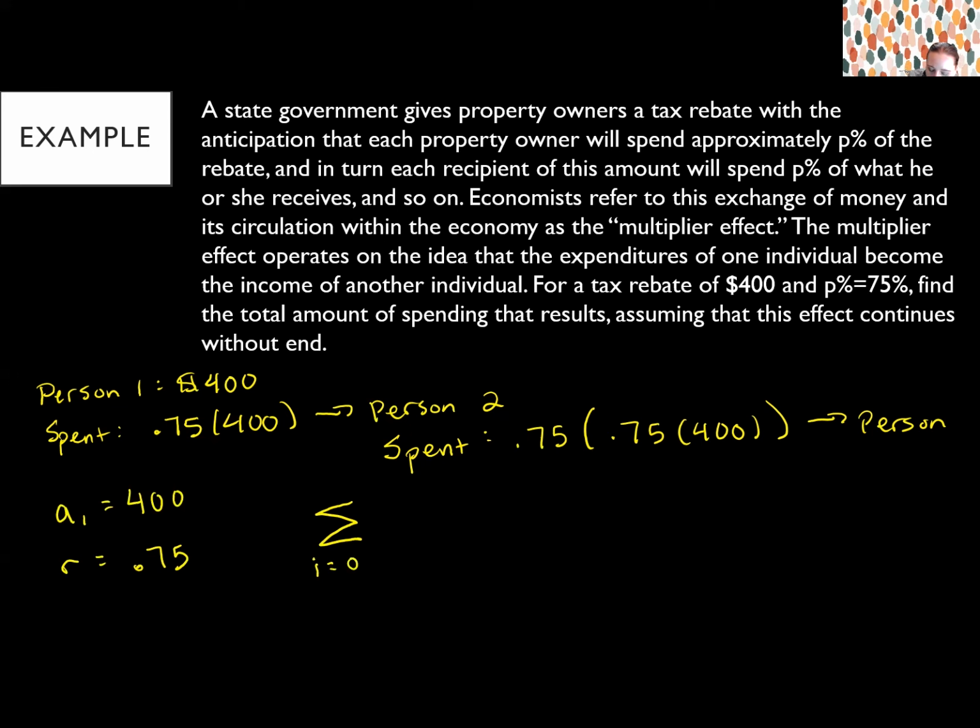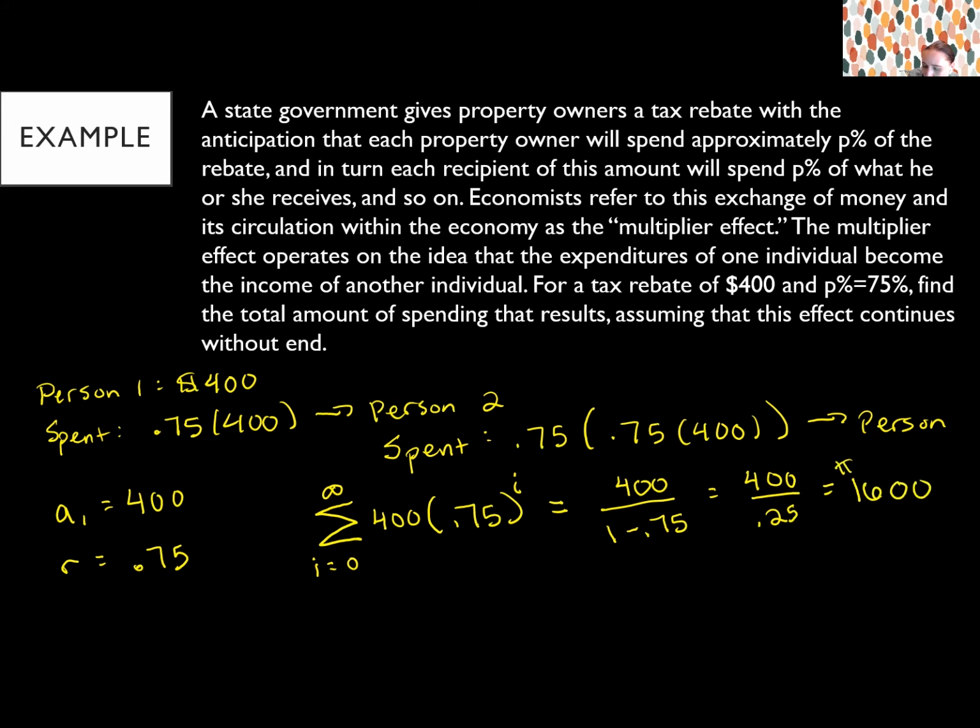So I start at 0 to infinity of 400 times 0.75 to the I. So it's good to put it in that form first since they didn't actually give you the sequence. And then you can use the formula, 400 over 1 minus 0.75. So it's 400 over 0.25, which is 1/4.